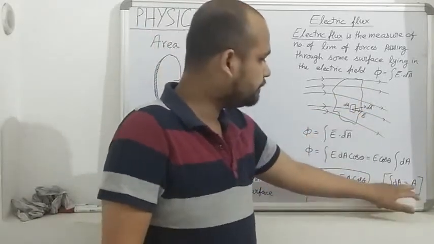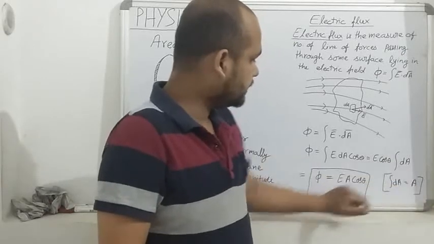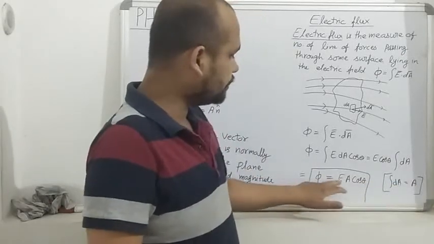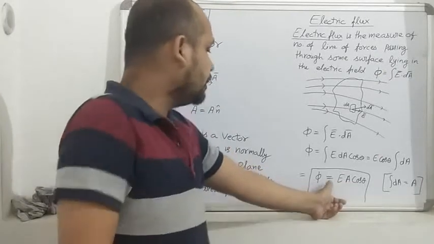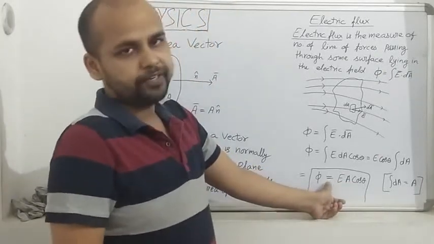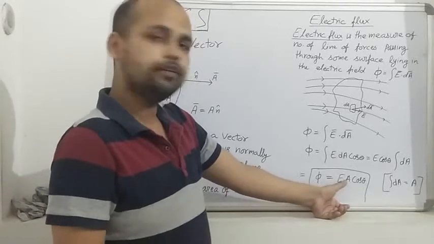So finally we will get phi is equal to EA cos theta. This is the magnitude of electric flux.